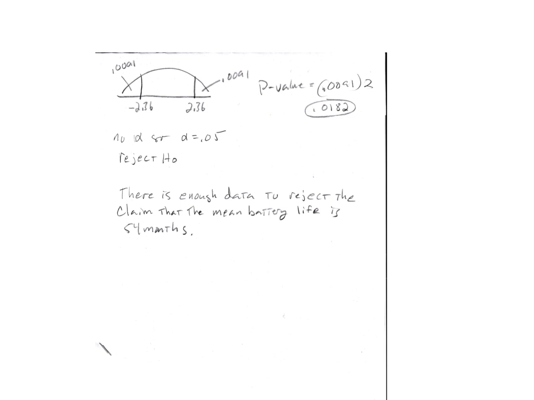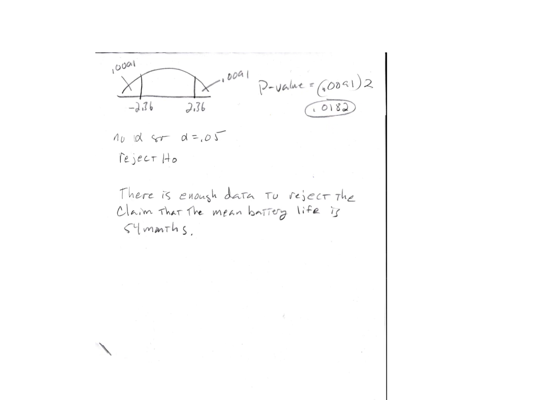Because normal curves are symmetric, if we know that the area to the left is 0.0091 from the table, the area to the right of positive 2.36 is also the same. So the p-value is just that tail area doubled, and that's what happens with a two-tailed test. The tail area gets doubled. So that is about 0.01.